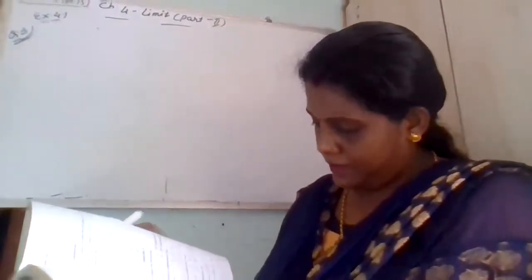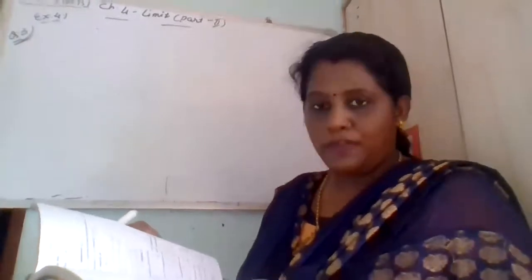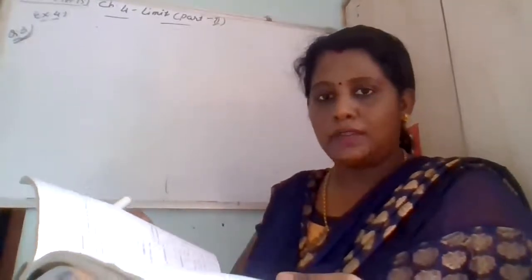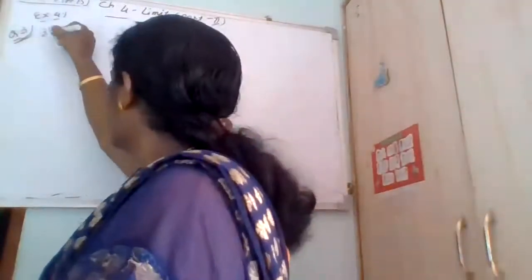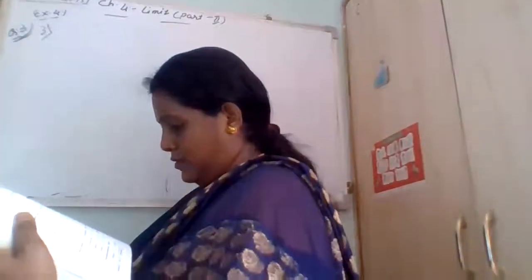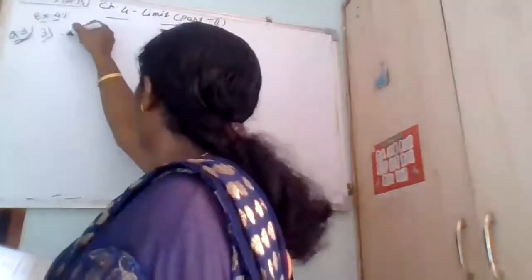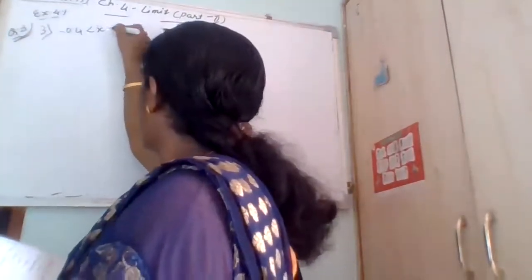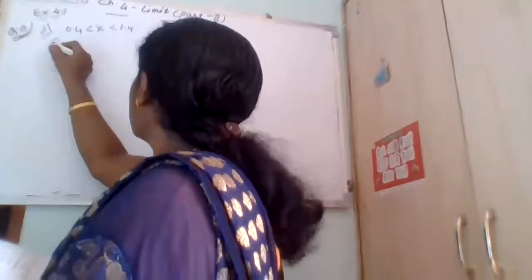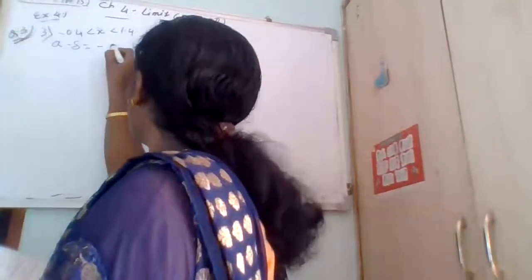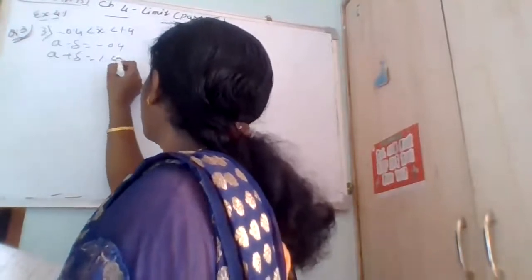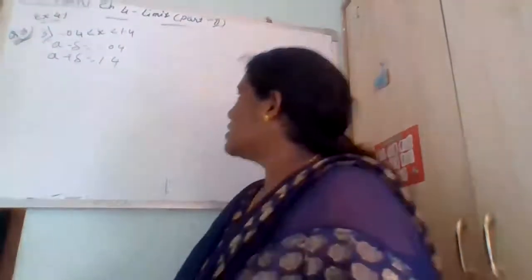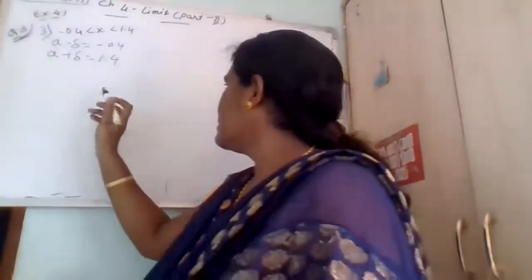I will do the first and third sums, and the second and fourth you have to do as homework. Here a minus delta is minus 0.4 and a plus delta is 1. Right? So this is the way.